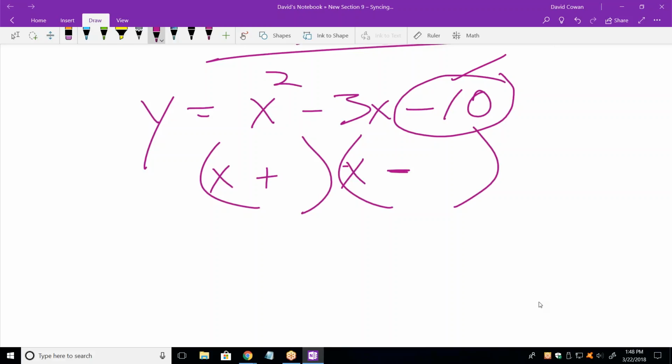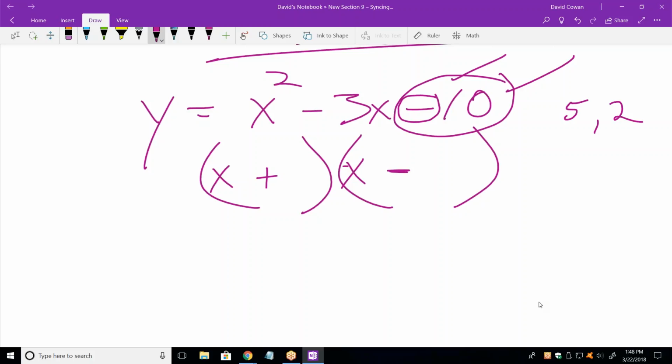So now the third step is I'm looking for factors of 10 that don't add to 3, but subtract to 3. Whatever the sign is in front of that 10, that's what they have to do. Well, I'm still looking at 5 and 2.